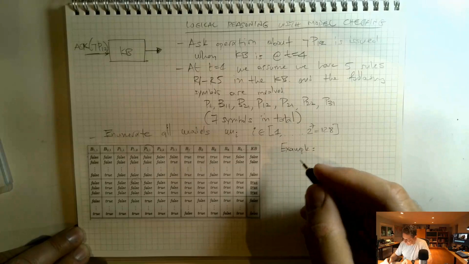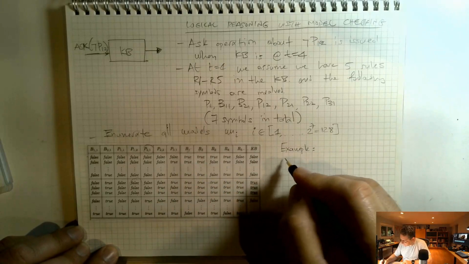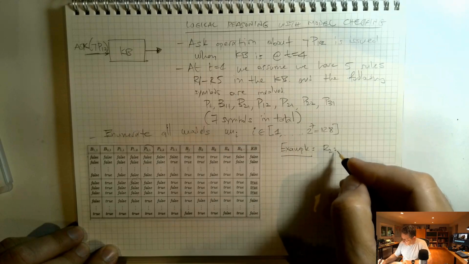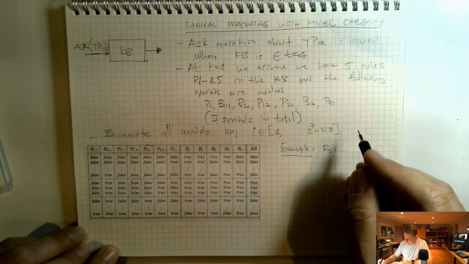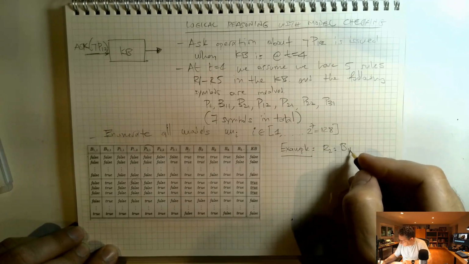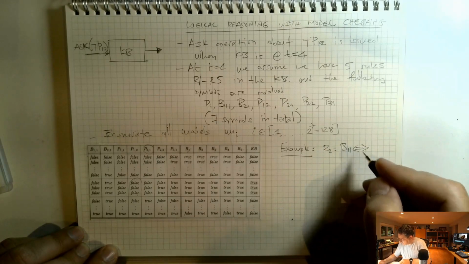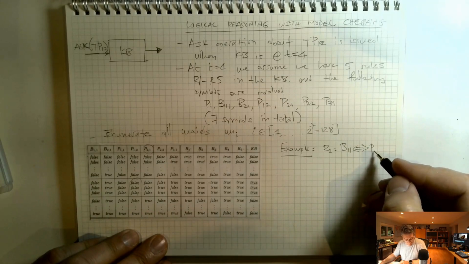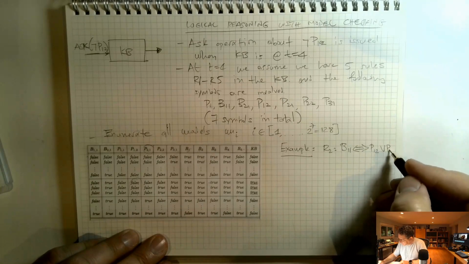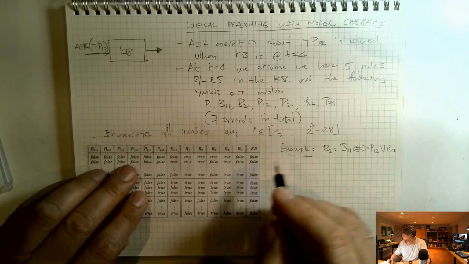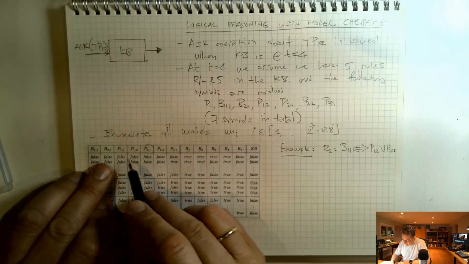So let's say R2 was an example, the rule R2 being B11 if and only if P12 or P21. Okay, so this was the rule, and let's take the very first row.